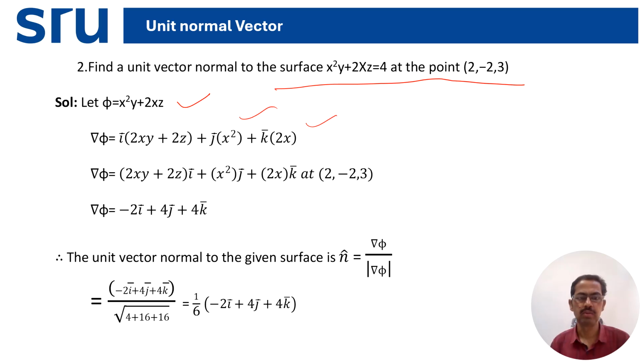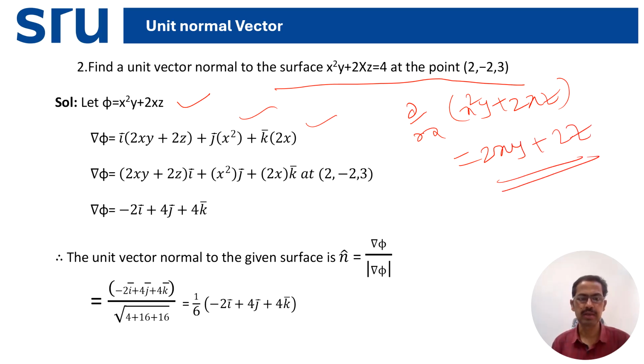Del phi: dou by dou x of x square y plus 2xz with respect to x is 2xy plus 2z.